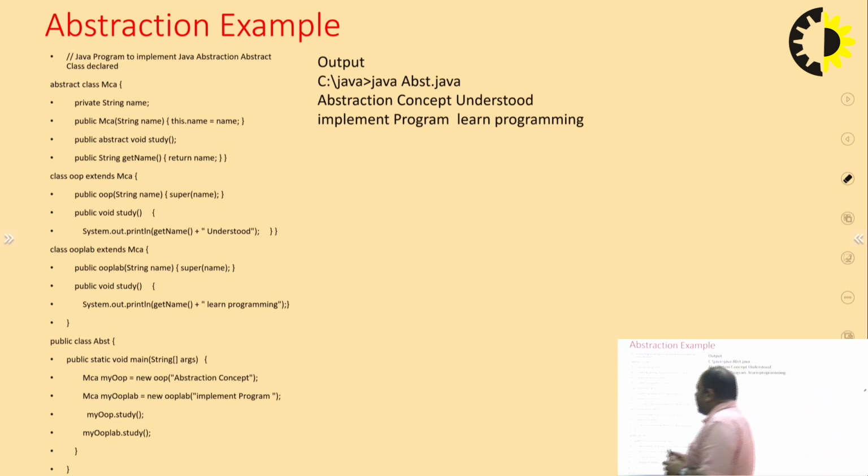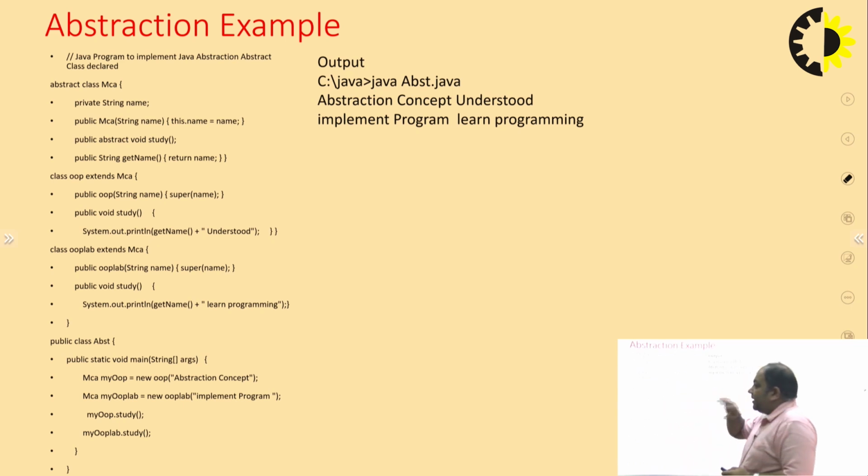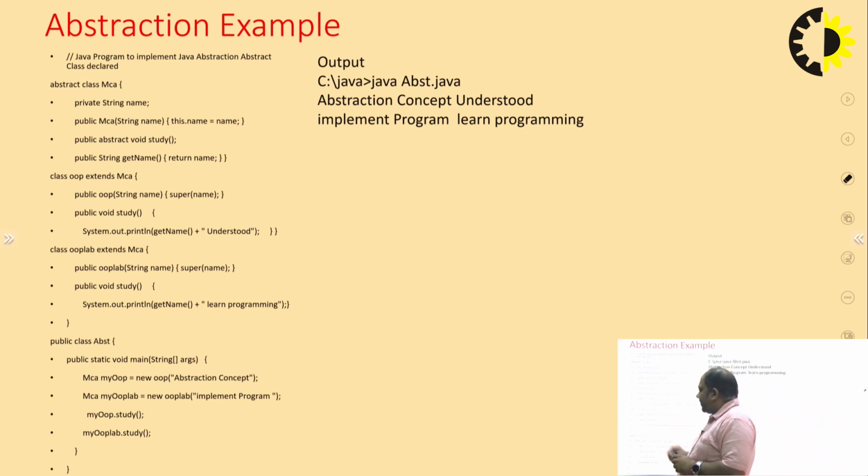In this, we create an abstract class known as MCA. In the same way we give a string name, and this string name represents the abstract class MCA, and the abstract method of this class is study, and this study returns the name. Then in abstraction we use the keyword extends.